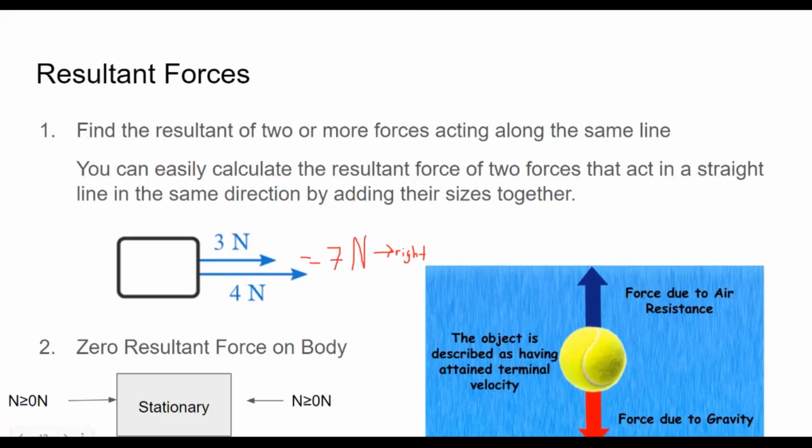So this first example, where it's stationary, shows that the forces acting on it are equal to each other, and that's why it's stationary. In this second example, where the ball's falling down, it has terminal velocity. The force due to air resistance and the force due to gravity are equal. That's why it's no longer accelerating. It is in terminal velocity.